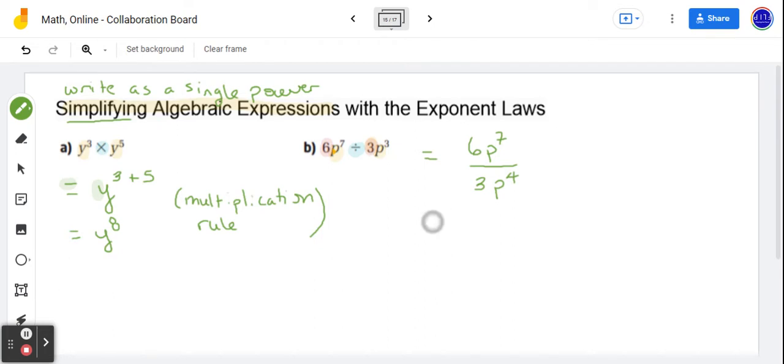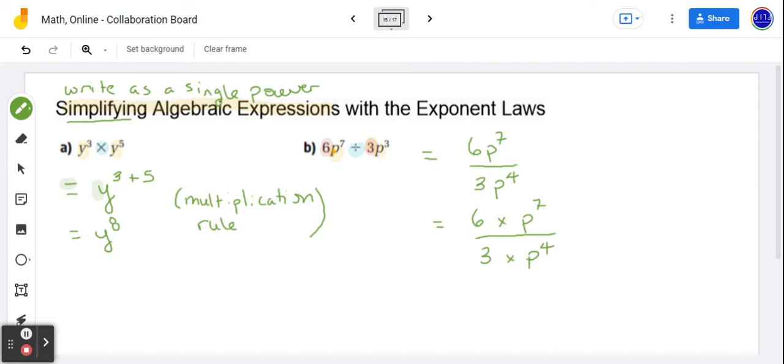I also want you to realize, I mentioned that 6 and 3 are multipliers. If that's the case, and it is, then we could rewrite that just by breaking them up. Really, it's no different. We're still multiplying, but I'm doing this with purpose. Everything we do should have a mathematical purpose. It makes sense, and that's what we're going to try to do, is to make sense of this.